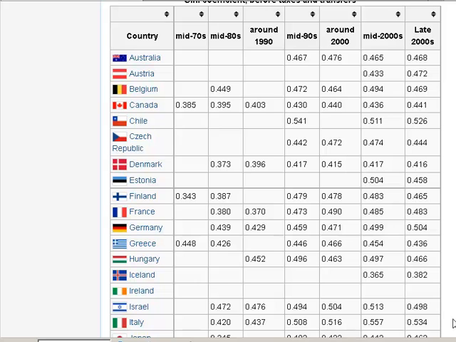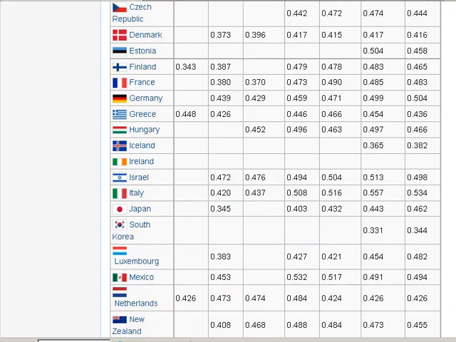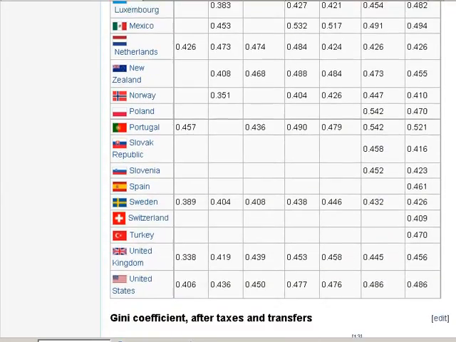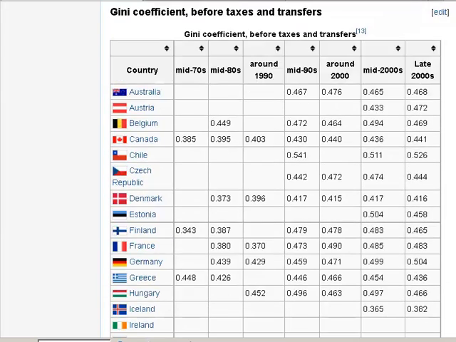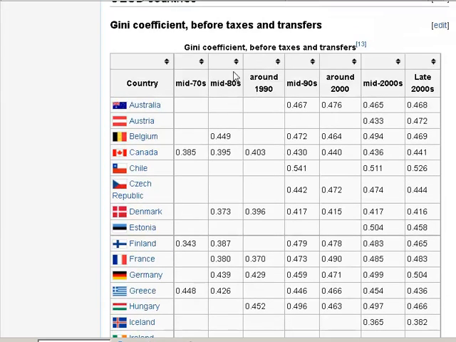Ireland's suddenly gone blank. Okay, come back here. Oh, okay, I get it. This is the Gini coefficient before taxes and transfers. So that data is not there for Ireland.